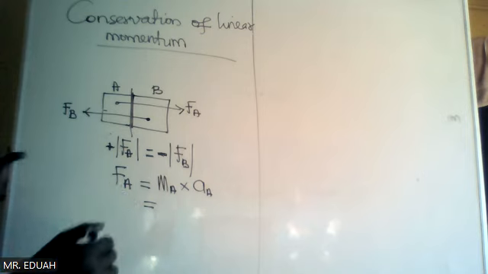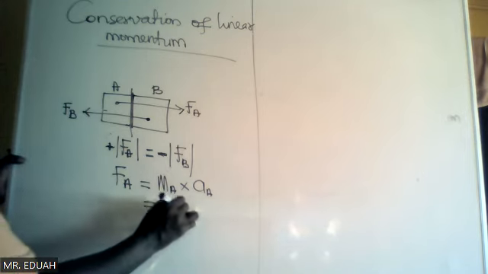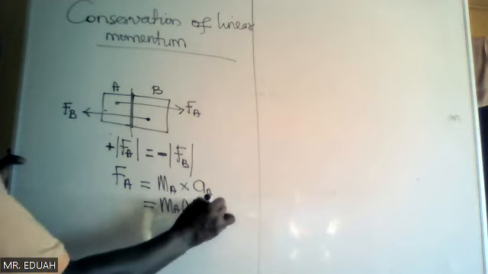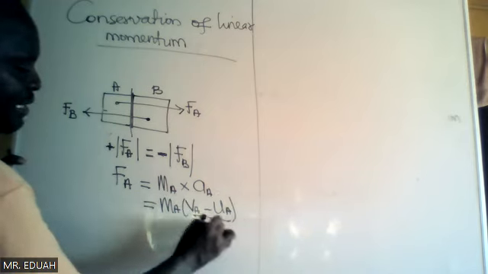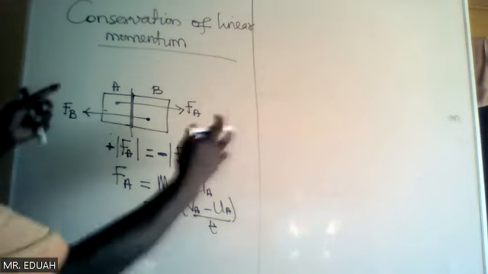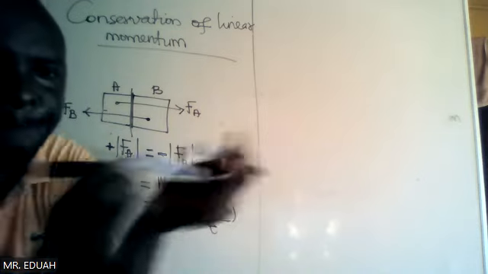Acceleration is related to change in velocity. So Ma times the final velocity of A minus the initial velocity of A divided by time. The time for the impact is the same, Ta is equal, because they are in a state of collision. So they collide at the same time.